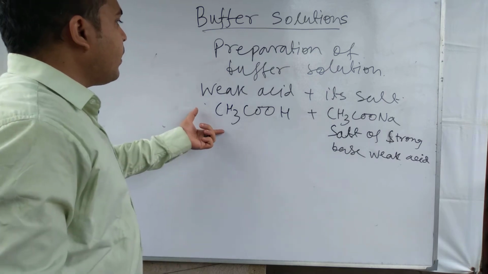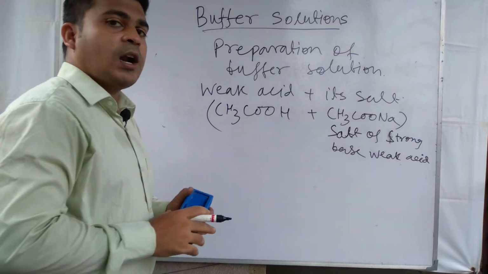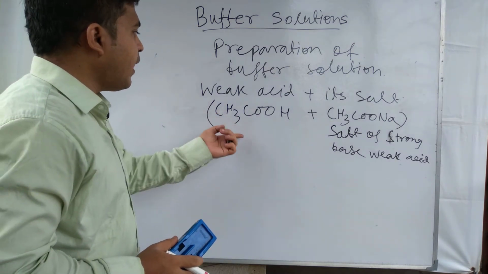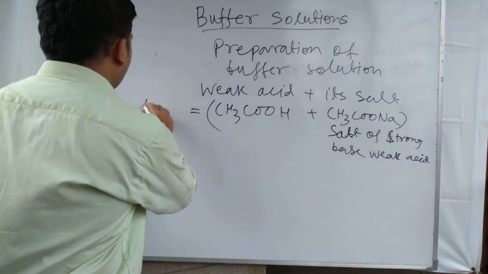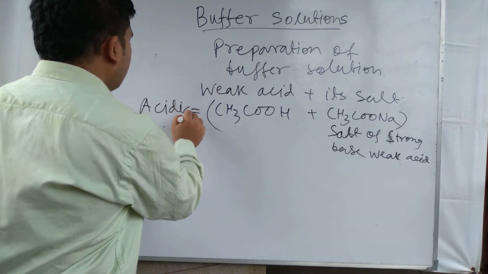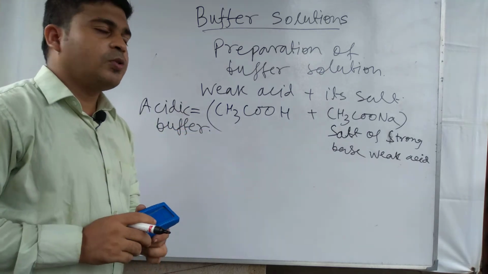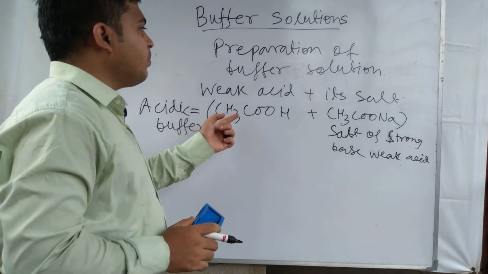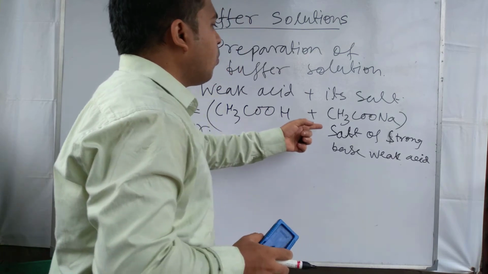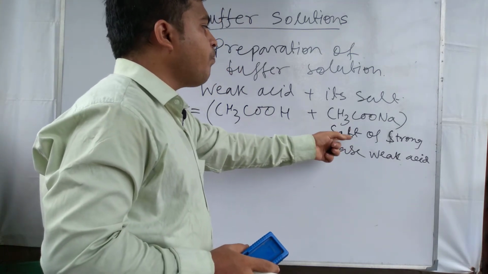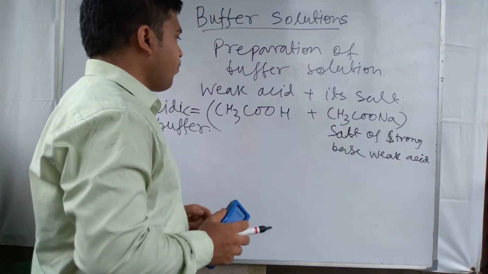So a buffer solution is formed when acetic acid and sodium acetate are mixed together, and it is called an acidic buffer. Acidic buffer solution preparation is by a weak acid and its salt, where the salt comes from a strong base and a weak acid.